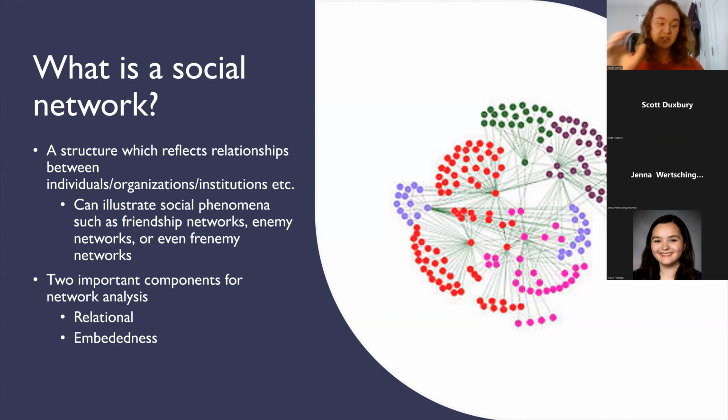And if we have a theoretical reason for thinking that our data is relational, is reflecting interactions, and the outcomes of interest in our data are dependent on the actions and outcomes of other actors, or the larger network structures we are connected to, the embeddedness aspect here, you probably should model your data as a social network, or at least that's what social network scholars say.